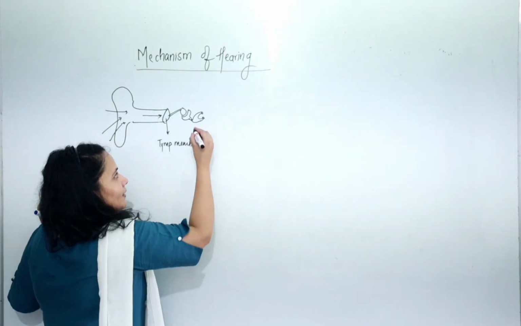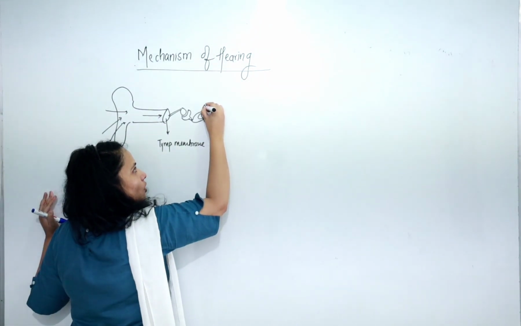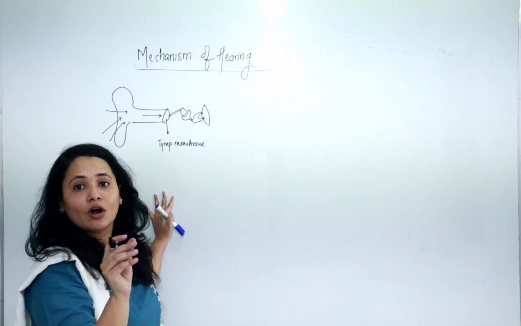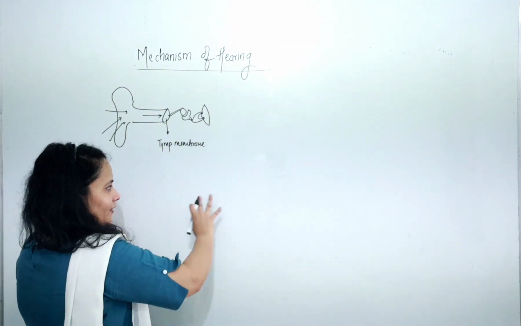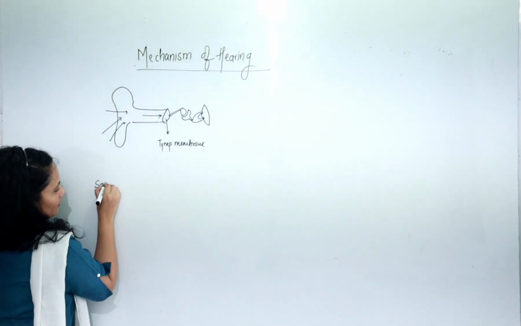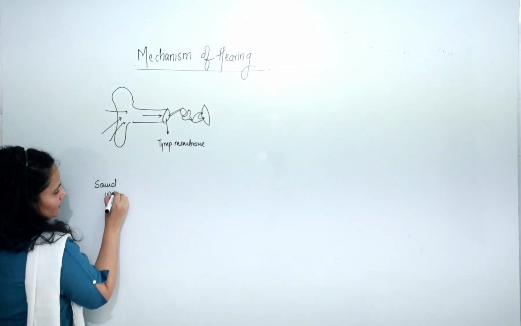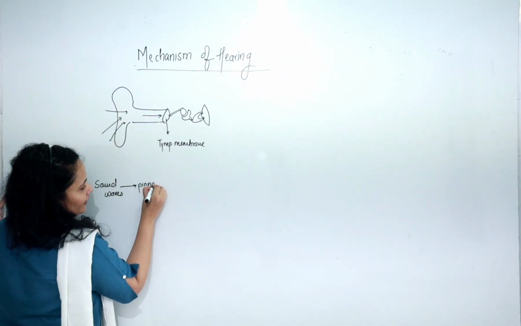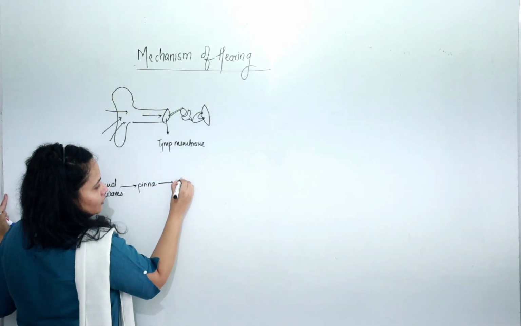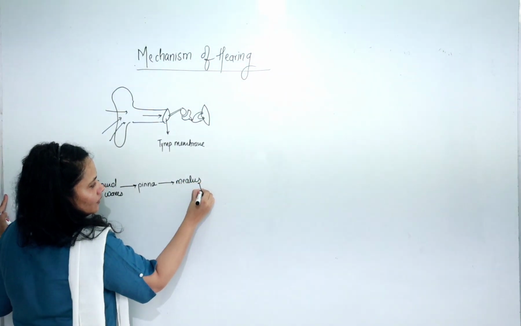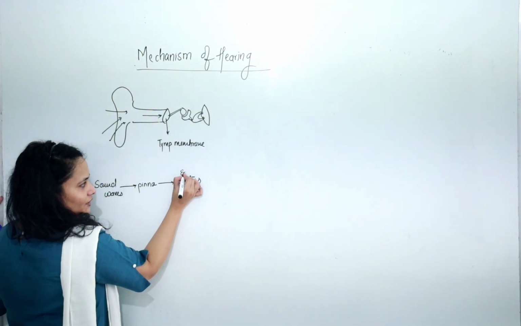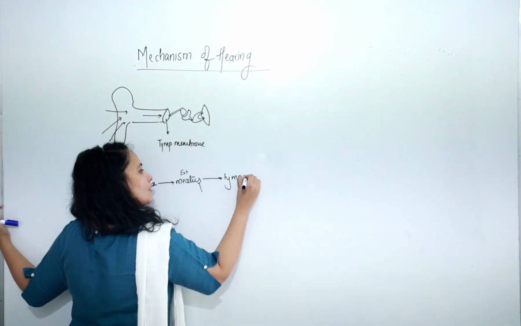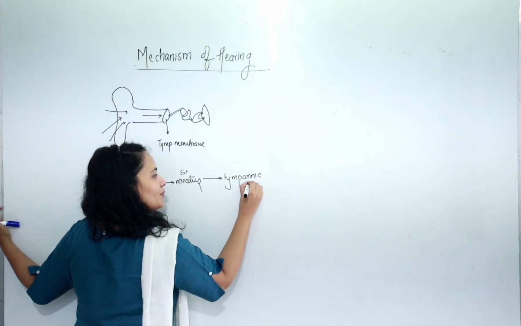We also know that among these ear ossicles, the stapes is connected to the oval window, that is fenestra ovalis. So I will write the sequence over here. Sound waves will go to the pinna, that is the external ear. From the pinna to the meatus, that is the external meatus, from where it goes to the tympanic membrane.